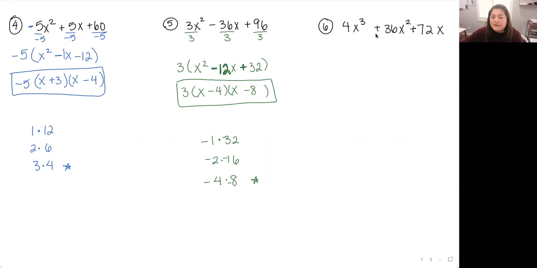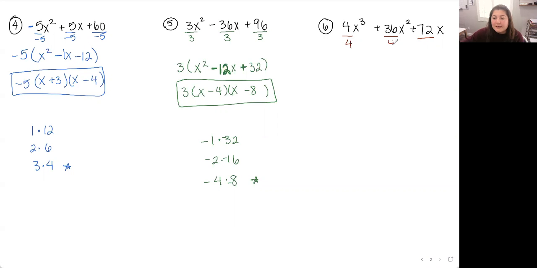So I know that each of these is divisible by 2. Like if I take 4 and divide it by 2, I'll get 2. 36 divided by 2, I'll get 18. And 72 divided by 2, I'm going to get 36. But I also know that each of them is also divisible by 4 because the numbers that I got afterwards happen to all be even again, right?